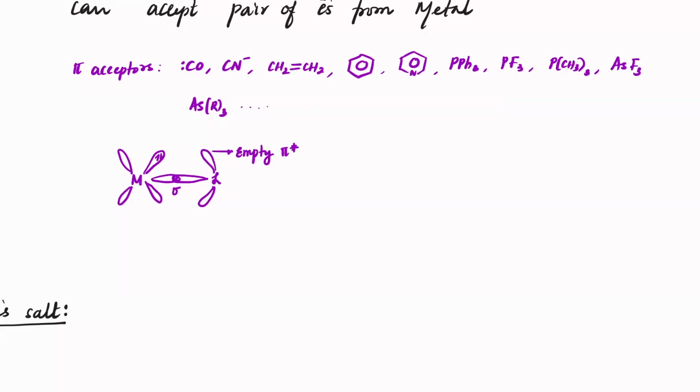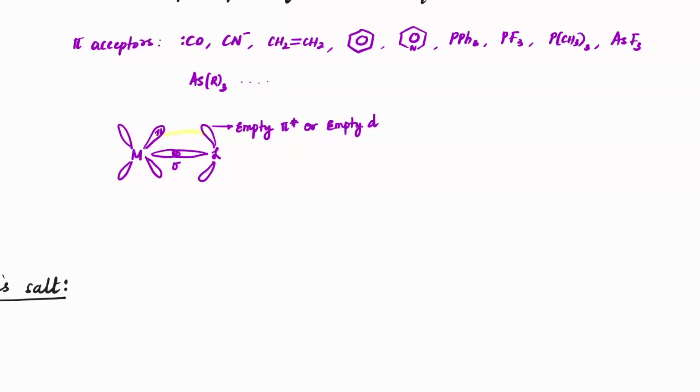It could be, sorry, or it could be an empty d orbital, any one of that. And now how does the bond happen? From here to here, the electrons might be moving. So this is a kind of donation which you will notice like this. And here sigma is donating towards this end, correct? That means the ligand is donating from this end and the d orbitals of the metal are donating towards this end like this. So you can see one sigma bond and one pi bond has been formed here, correct?